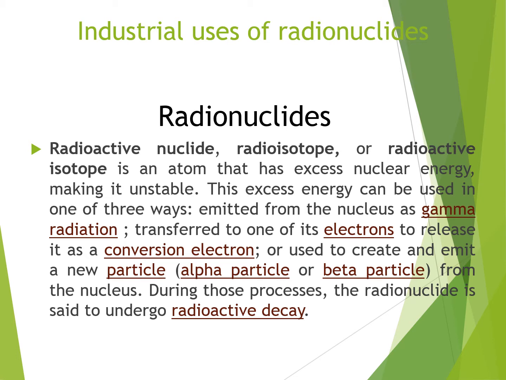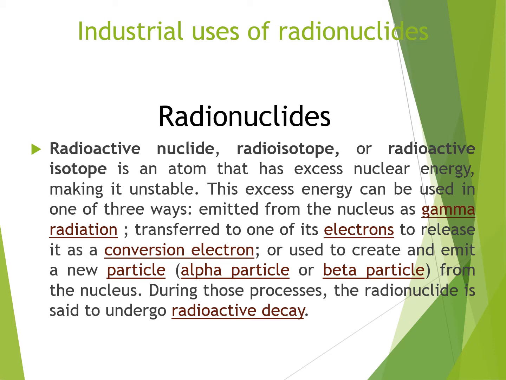Basically this energy is utilized in three ways: it is emitted from the nucleus as gamma radiation, transferred to one of its electrons to release it as a conversion electron, or used to create and emit a new particle, which may be an alpha or beta particle, from the nucleus.